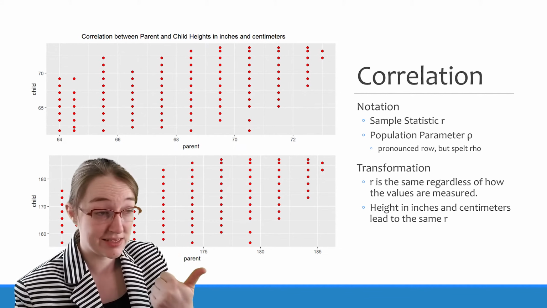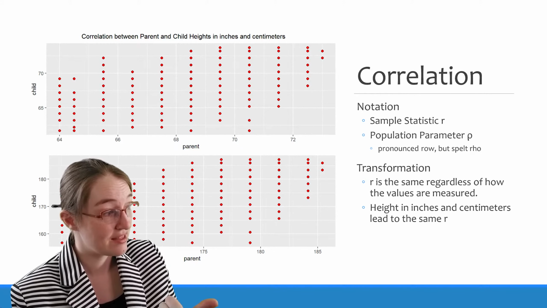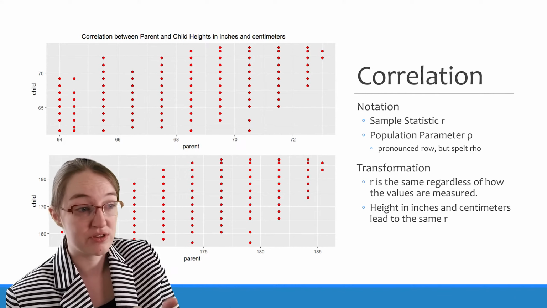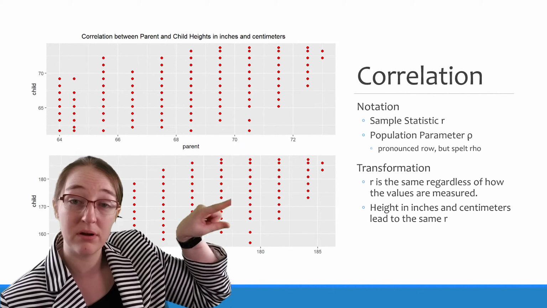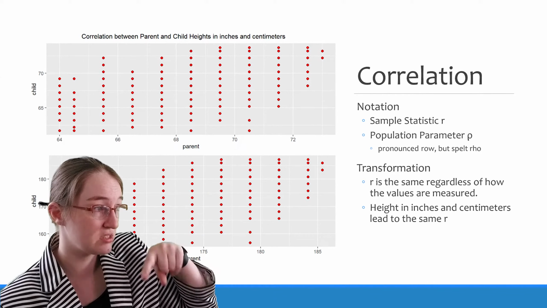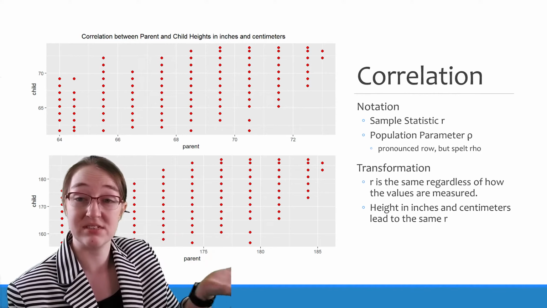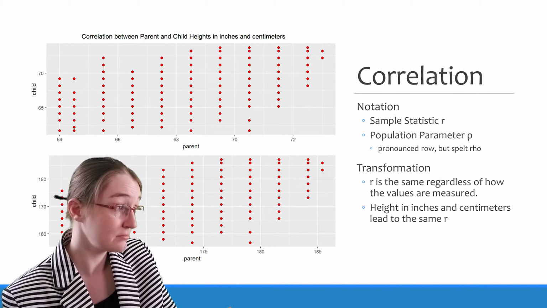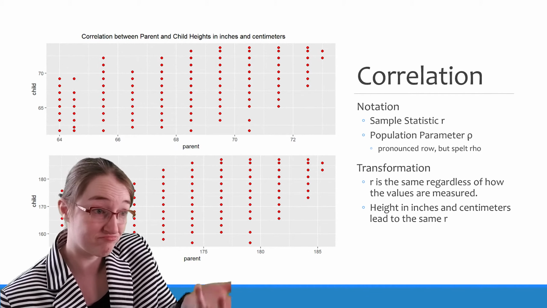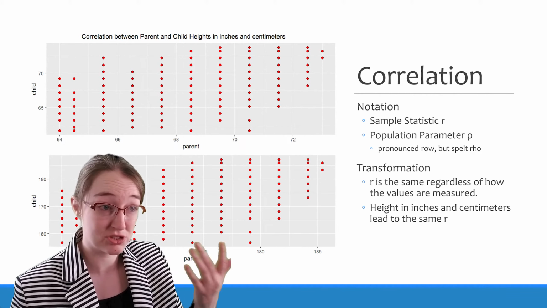We have some of that data here, and we can see that regardless of how it's measured, whether in inches, as in the top illustration, versus the bottom, which is in centimeters, they describe the same relationship. And it doesn't matter, which is great.